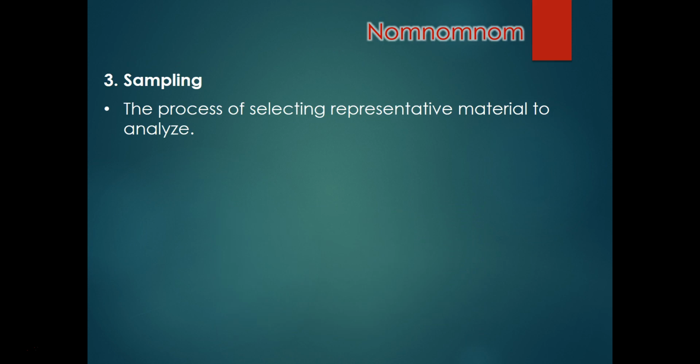Next big question is sampling. You've got to get a representative sample of your material. Let's face it, you're not going to consume the entire sample. In fact, it would be really a bad idea to do that. And in some situations like forensic work, environmental work, and clinical work, it could actually be illegal to consume the entire sample.